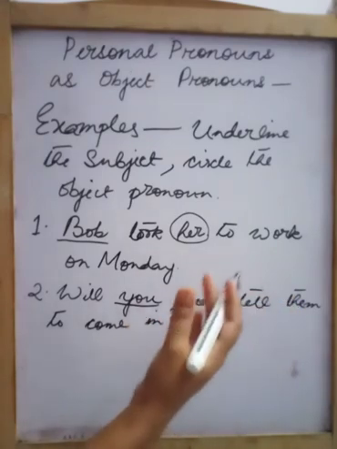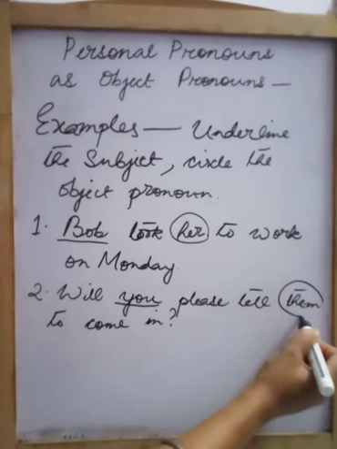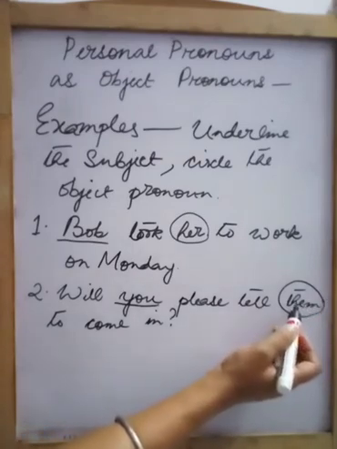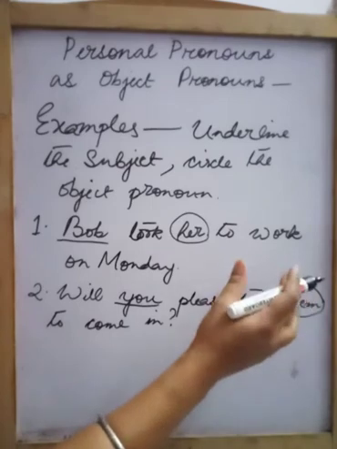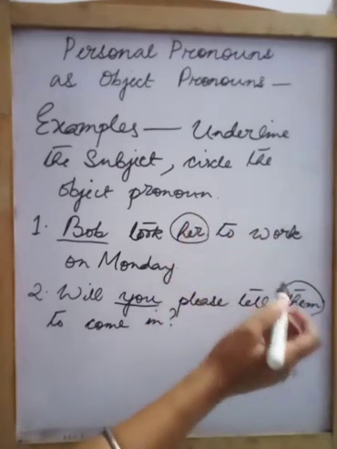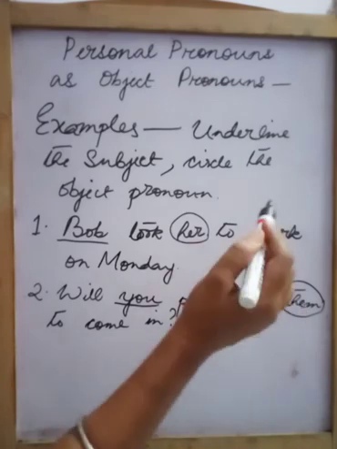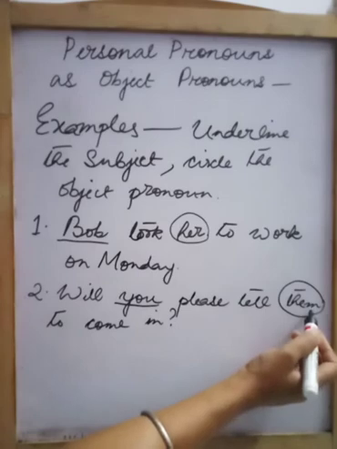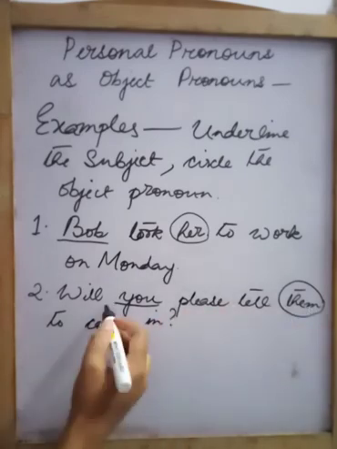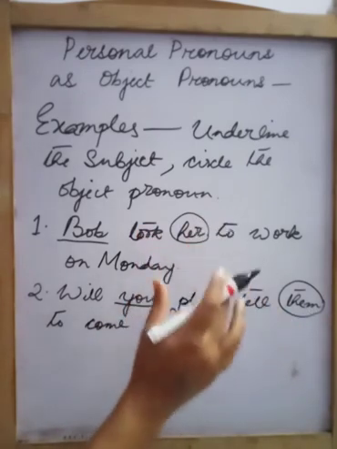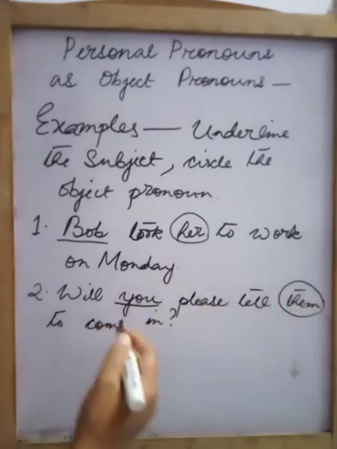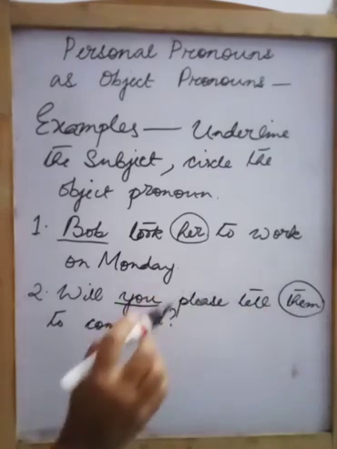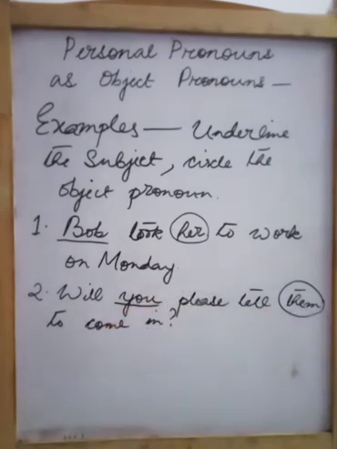So them is the object, so we will circle it. Here we are not mentioning any names. Had we mentioned names, it would have been a noun. But instead of mentioning many names together, collectively we are saying them. So this is the object of the sentence on which the subject has an action. Will you please tell them to come in? Clear? This is the subject pronoun. This is the object pronoun. Fine? Alright. One more.